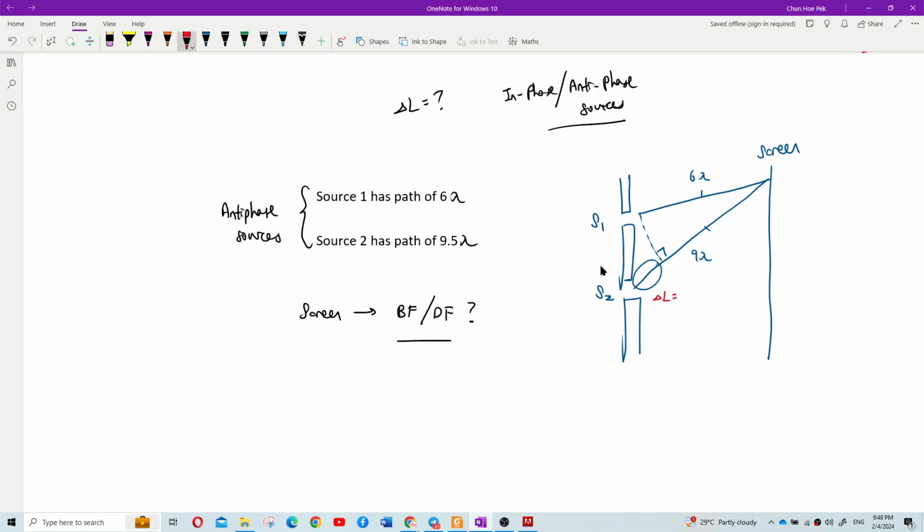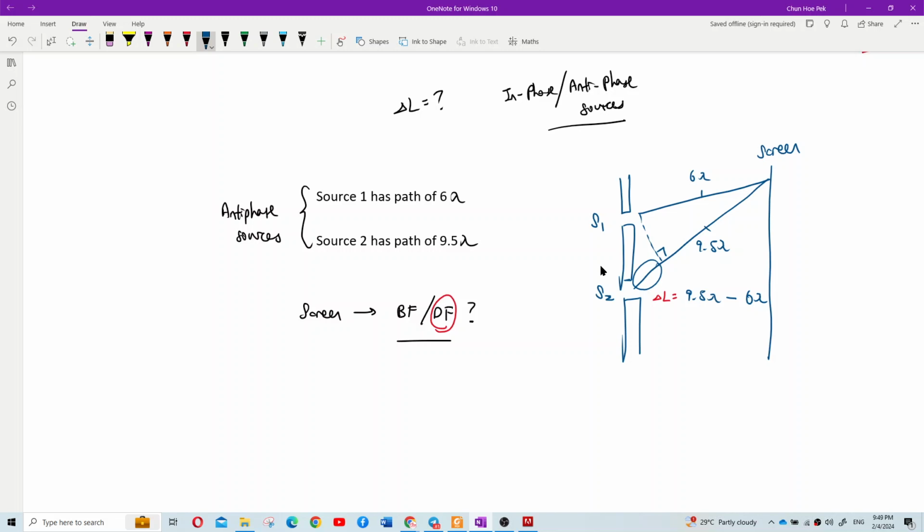Delta L is 9.5 lambda, not 9 lambda. Just now you said dark fringe. Okay, good, let us see. Delta L is the long one minus the short one: 9.5 lambda minus 6 lambda.